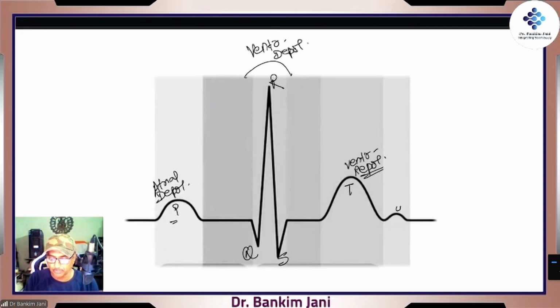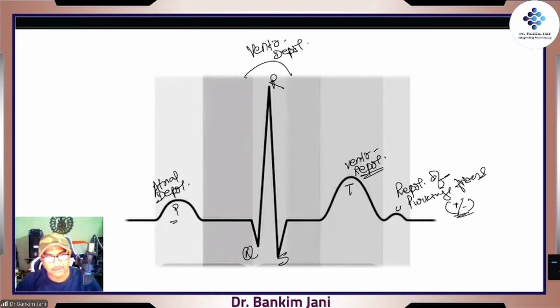When we say depolarization, that is current increases. And then finally U, that is for the repolarization of Purkinje fibers. It can be present or it might be absent. If it is absent, nothing to worry. It is completely normal.